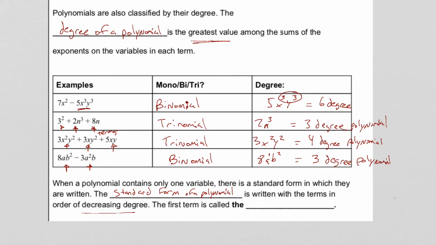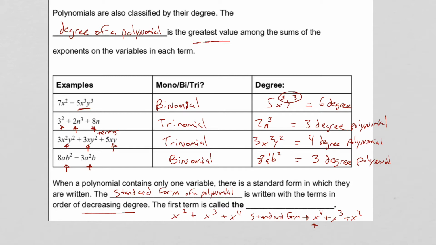So for example, if I had x squared plus x to the third plus x to the fourth, the standard form of this would be, right, what's the largest exponent? X to the fourth plus x to the third plus x squared. So it would be standard to list the terms in decreasing order, right? 4, 3, 2, and so on.